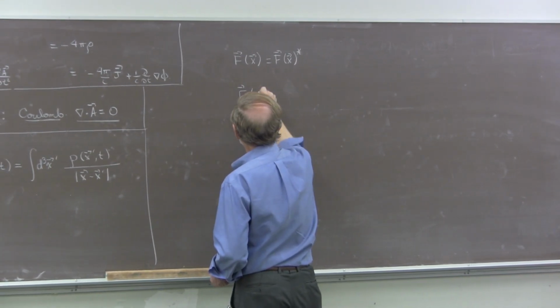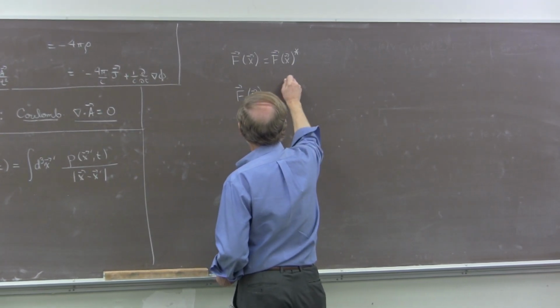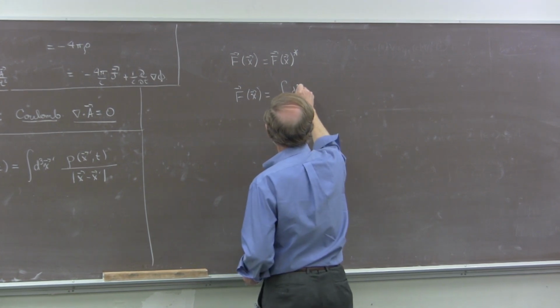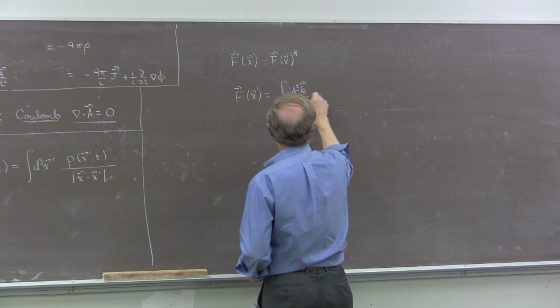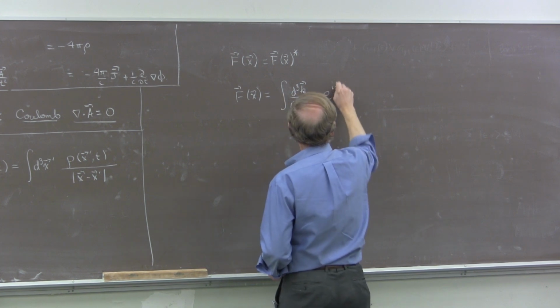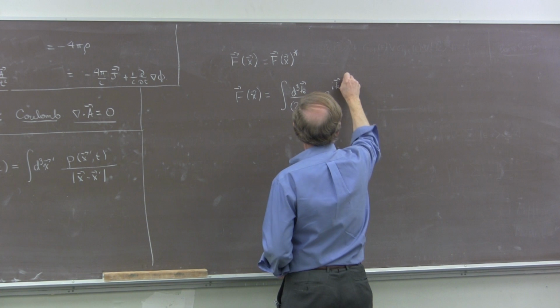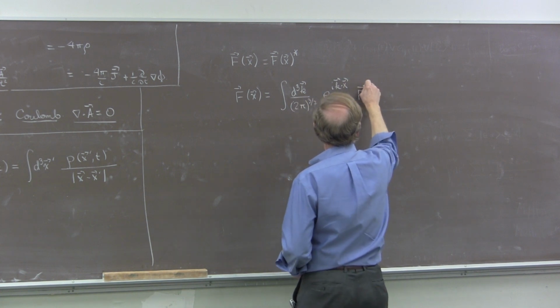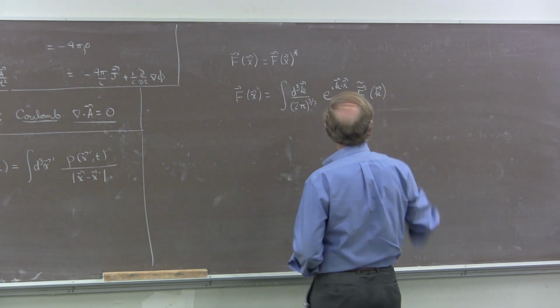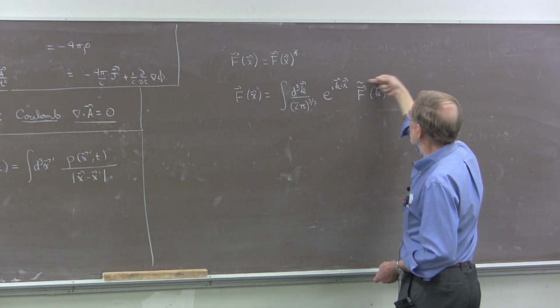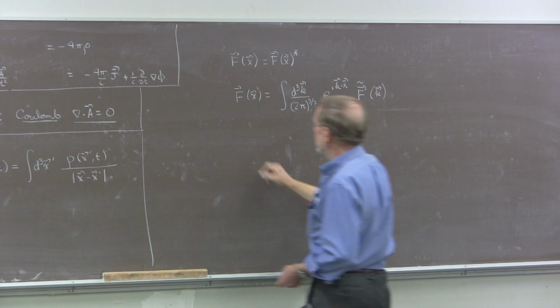We also want to write them as Fourier transforms, so let me give you my convention for a Fourier transform. F of x is given as an integral over k, d^3k divided by (2 pi)^(3/2), e to the i k dot x. This is just convention for Fourier transform. And I'll call a Fourier transform with a tilde. It's F tilde, it's a vector, and it's a function of k, and the tilde just means this is the Fourier transform.